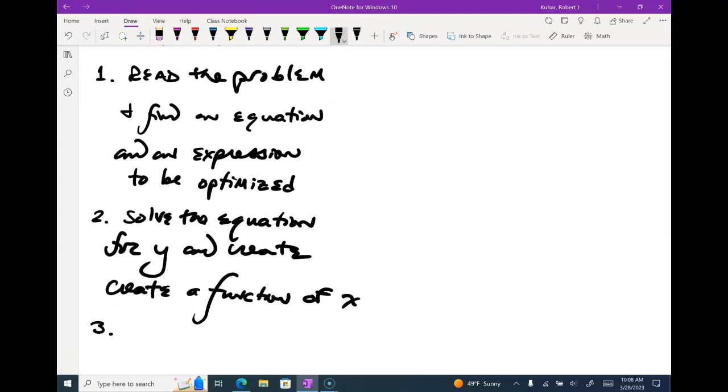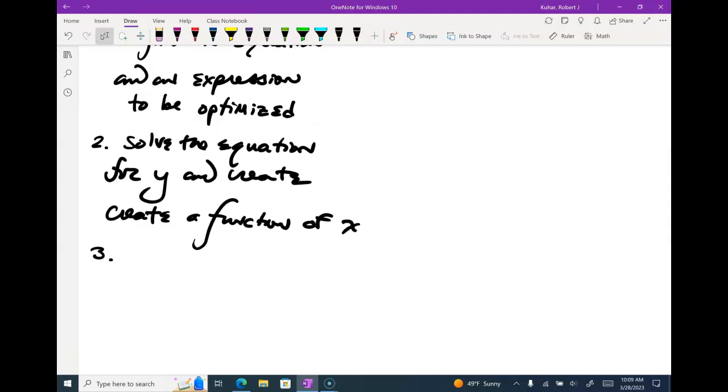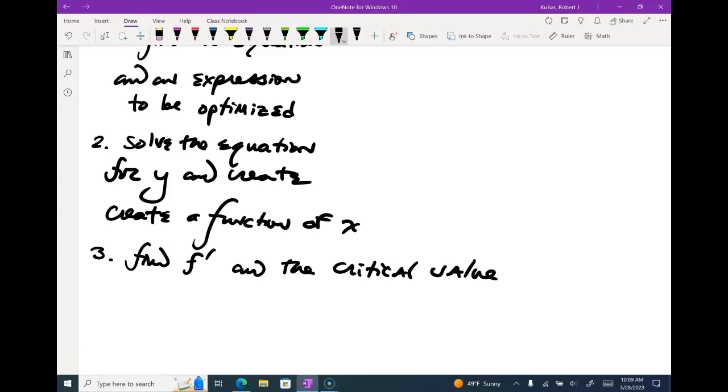What did I do with that function of x? I did basically a first derivative test and a second derivative test for local min-max, right? So find f prime and the critical value. Answer the question, answer all parts of the question.